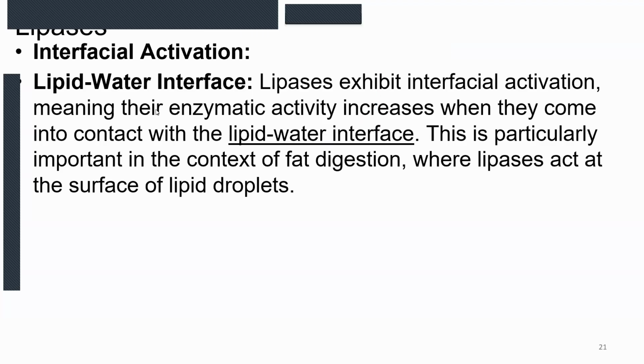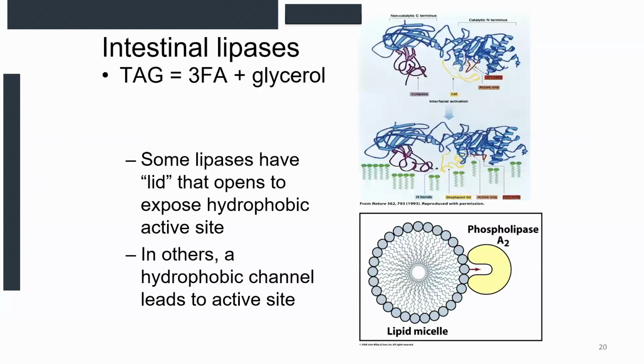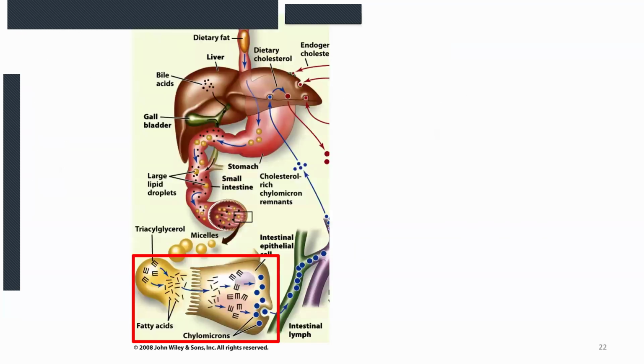So lipases act at the surface of these lipid droplets. At this water-lipid interface, they're able to interact and open up and pull triacylglycerols out so that they can break them down into individual fatty acids and glycerol.